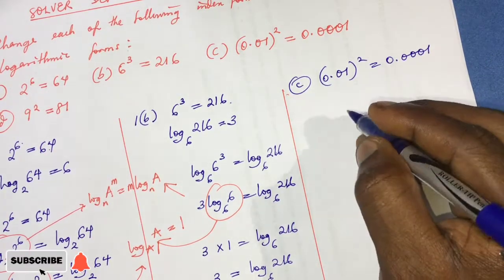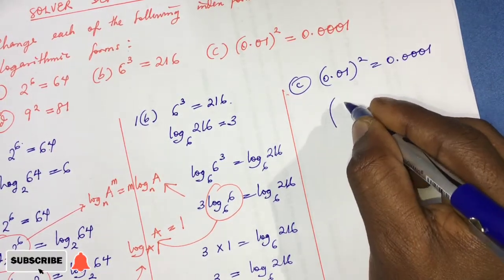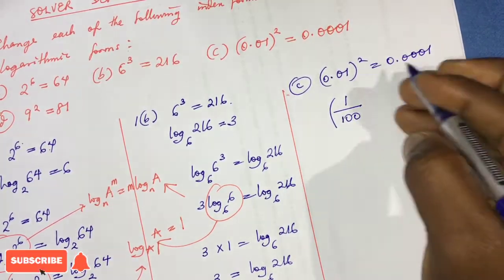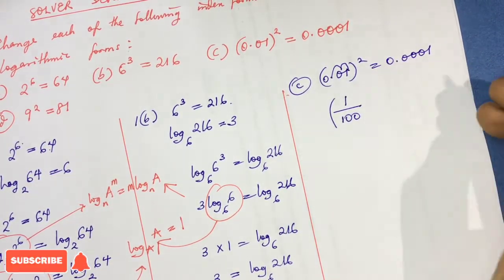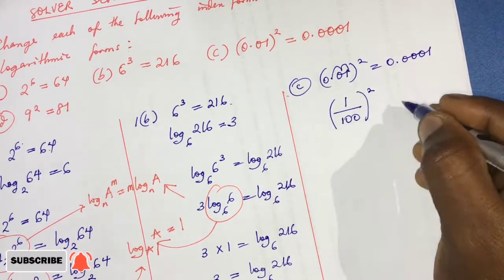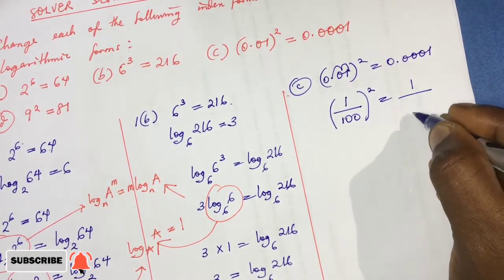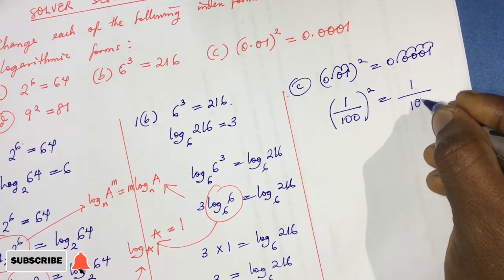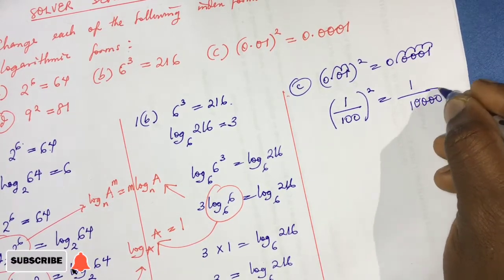I could write this to start with as 1 over 100, because it moves 1, 2 times the point, and that will be squared. On the other hand, this will give me 1, 2, 3, 4, 10 raised to power 4, or 10,000 to start with.